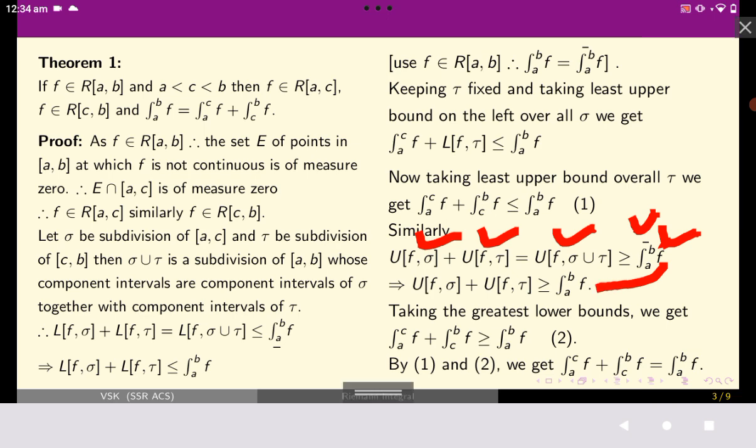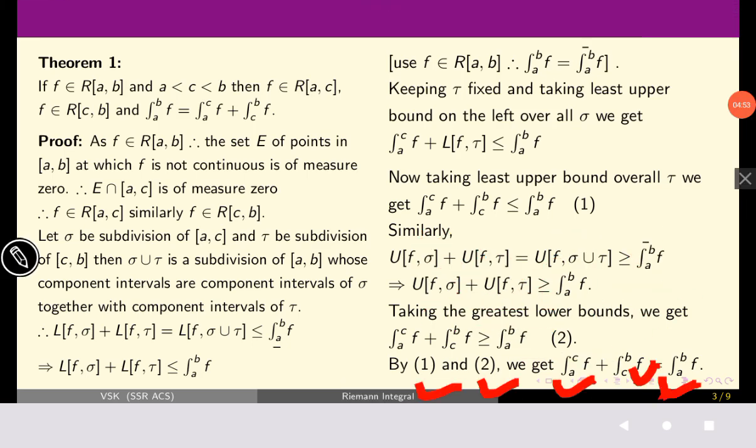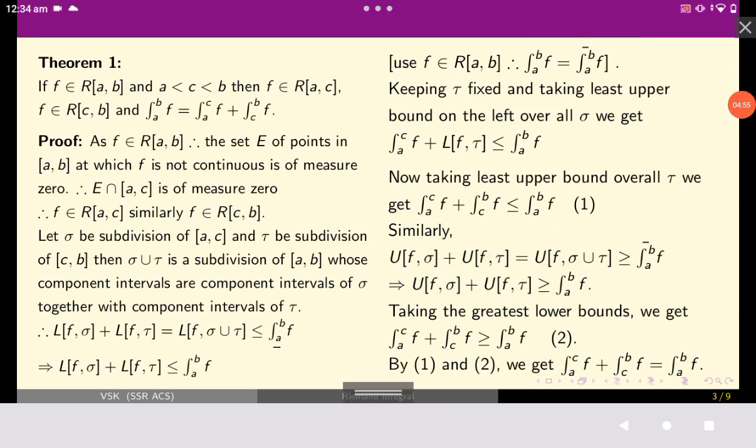But this too is equal because f is Riemann integrable. So finally we got this. Now again, taking the greatest lower bound over tau and sigma one by one, we obtain, as we have seen in the previous case, but the case is just reverse here, that the integral from a to c of f plus the integral from c to b of f is greater than or equal to the integral from a to b of f.